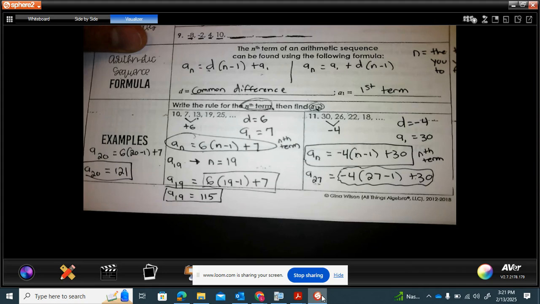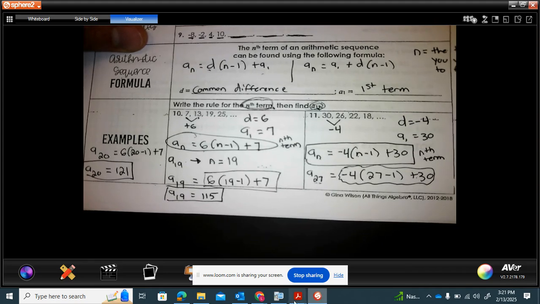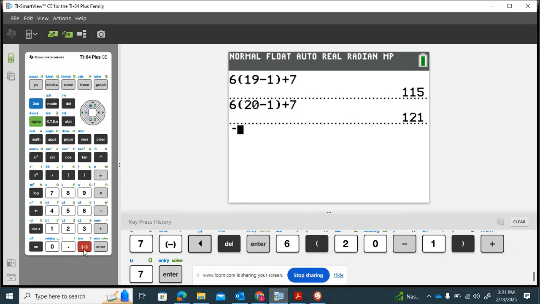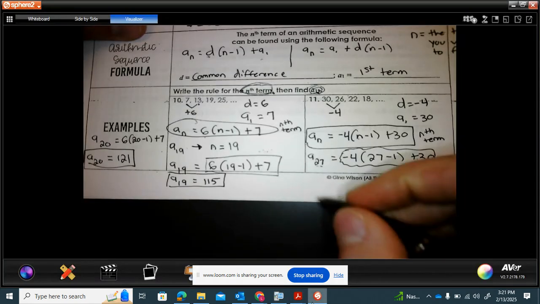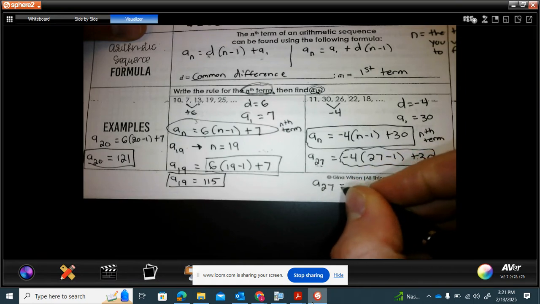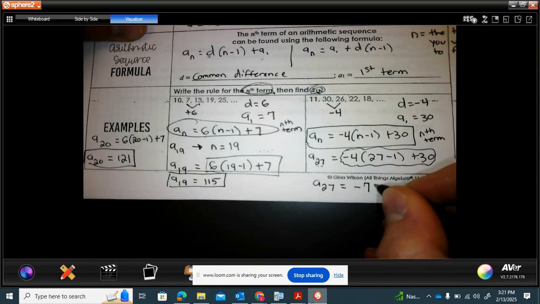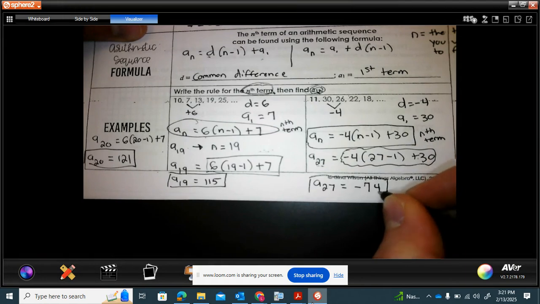Negative 4, parentheses, 27 minus 1, plus 30, which is negative 74.